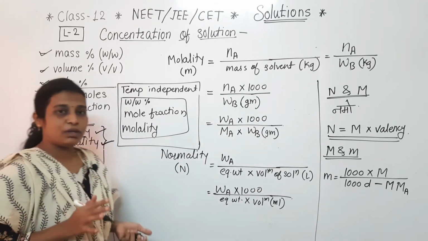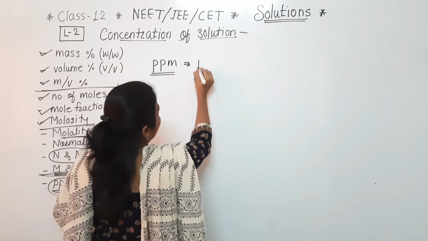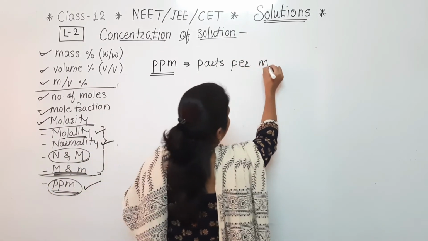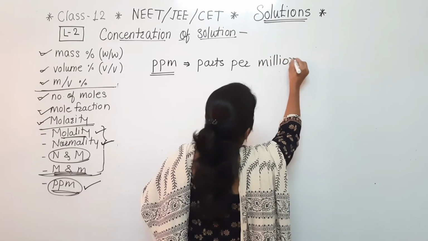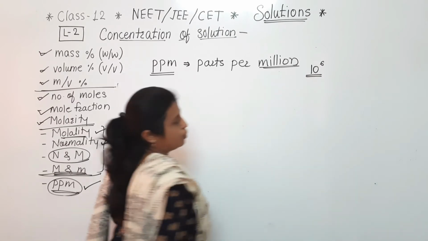What is meant by ppm and what is the formula, that we'll discuss now. ppm is parts per million. Million means here we have to consider 10 raised to 6 power. Okay.